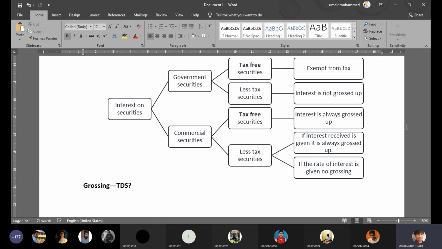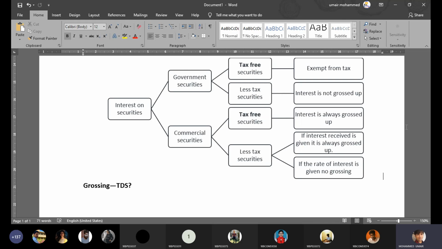What do you mean by tax-free commercial securities? Tax-free government securities means on interest what you earn, you don't have to pay any tax. You don't have to even show that income, include that income in your total income at all. It's totally exempt. But when we say tax-free commercial securities, don't think it is exempted.